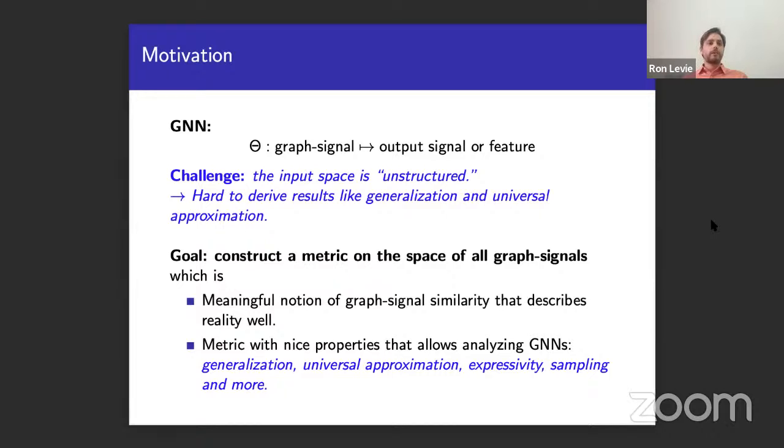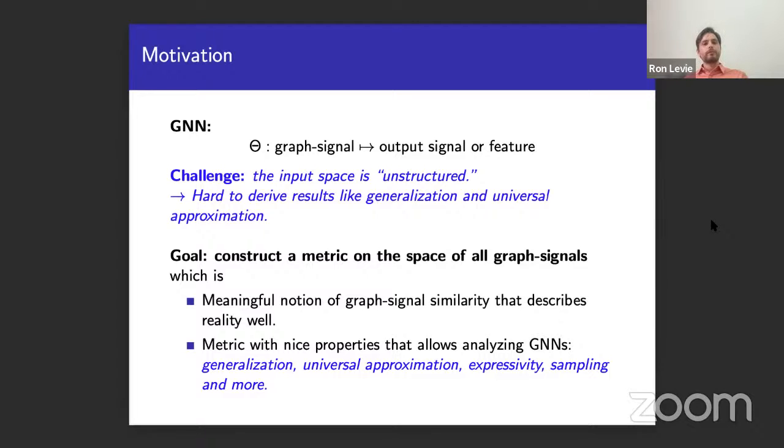So the goal in this talk is to construct a metric on the space of all graph signals that has the following properties. First of all, the metric should give a meaningful notion of graph signal similarity that in some sense describes our intuition. So graphs that we expect to be close because they somehow describe the same thing are going to be close to each other in this metric.